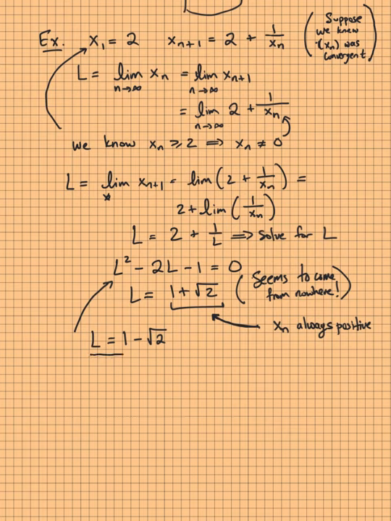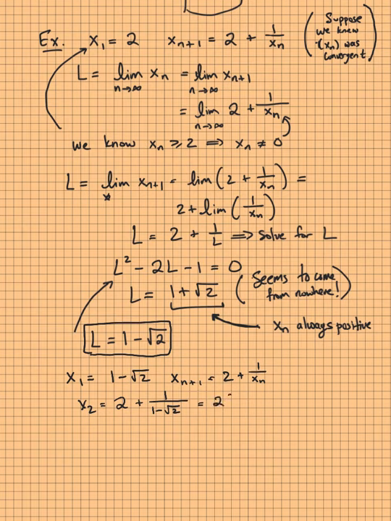And it's very reasonable now to ask why this number comes up at all. What is the 1 minus square root of 2 doing here? Notice that if x1 was equal to 1 minus square root of 2, and xn plus 1 was equal to 2 plus 1 over xn, let's just work out what x2 would be. So x2 would be 2 plus 1 over 1 minus square root of 2.